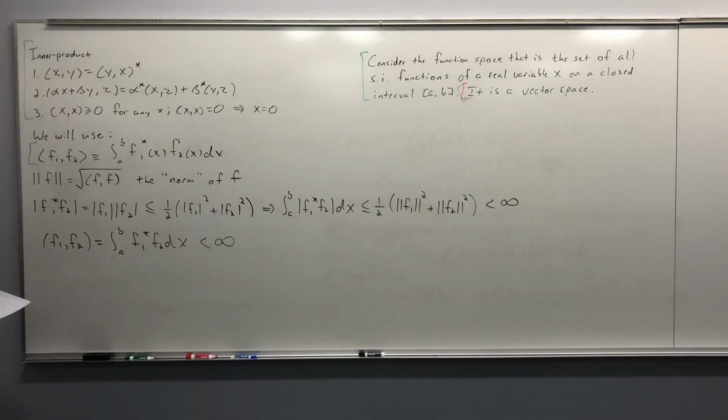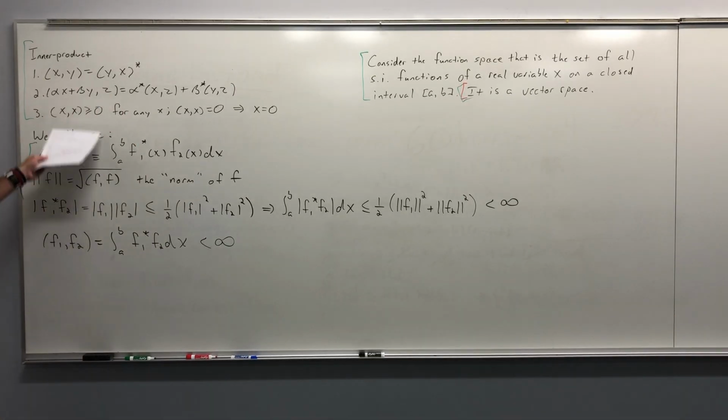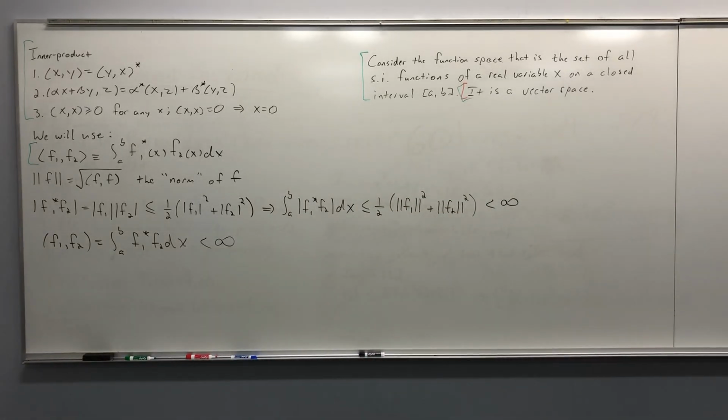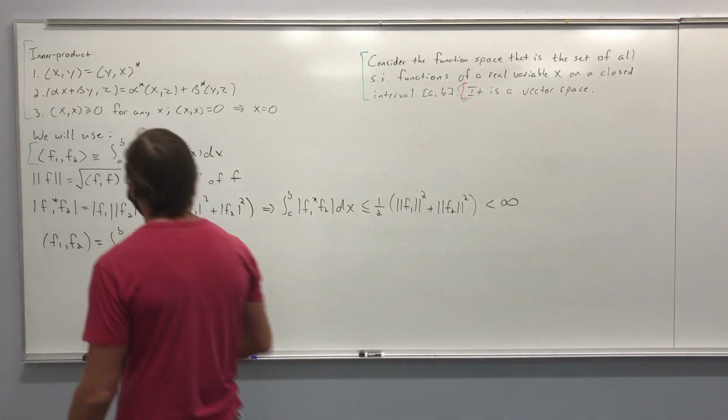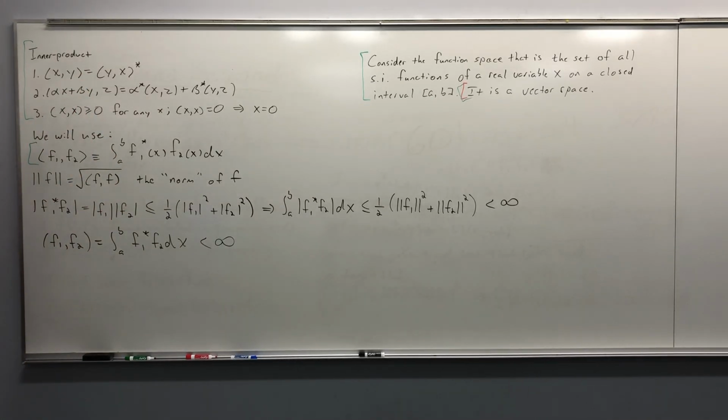So the inner product here on functions obviously satisfies these, except for one of them. Andrew, which one of these three properties do you think we need to be careful in assuming that the functions on this space will satisfy?